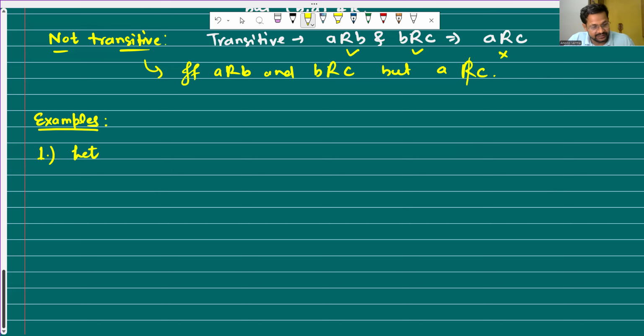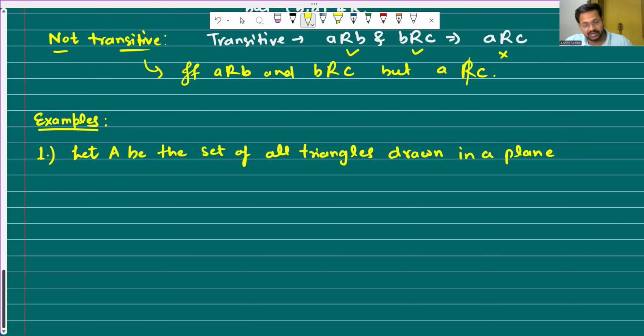So let A be the set of all triangles drawn in a plane, and this is R, with the relation इज सिमिलर टू, है ना, जो रिलेशन है वो हमारे पास है इज सिमिलर टू on A.